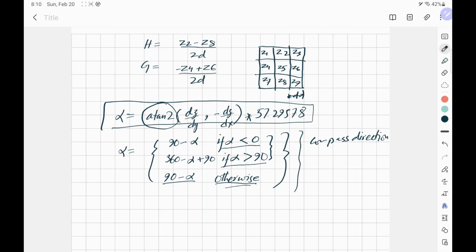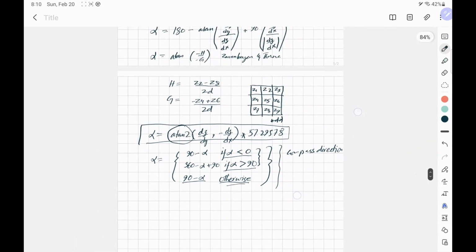One thing more before we end: in ArcGIS, aspect is calculated for two coordinate systems. One is planar, the other is geodesic.